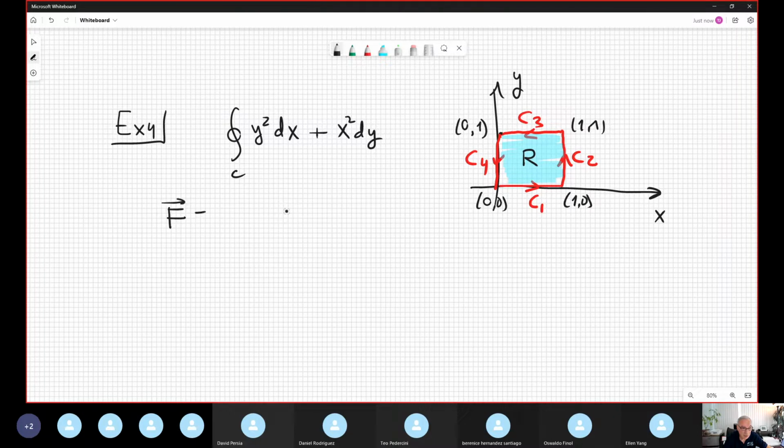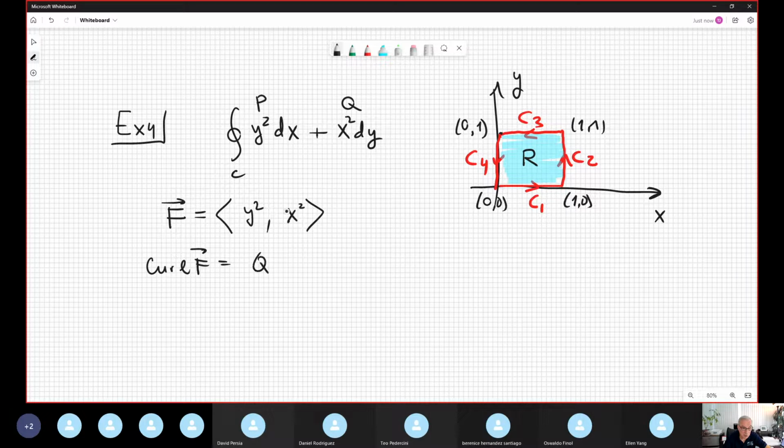The vector field has this as P and this as Q, I suppose. How do you identify it? Because the term that goes with dx is P, so P is y squared, and Q is x squared. Cool. This is my vector field. To find the curl in 2 dimensions is super easy.